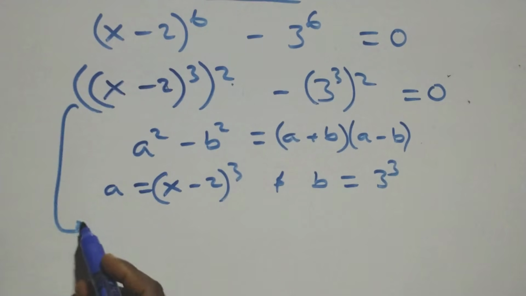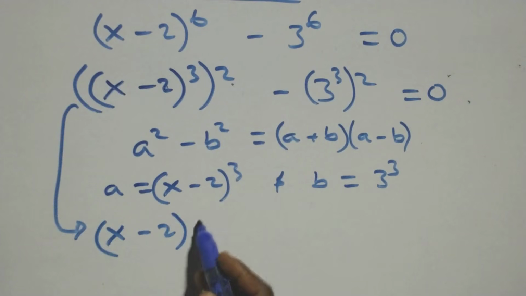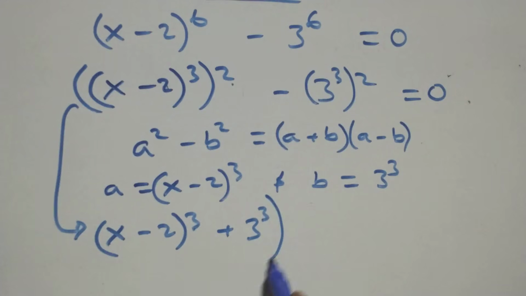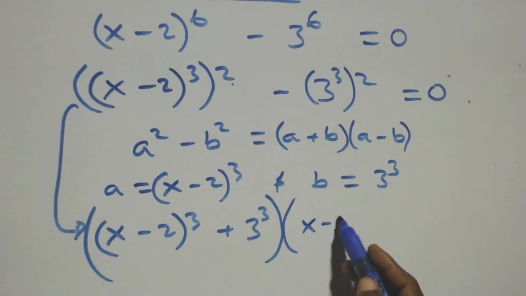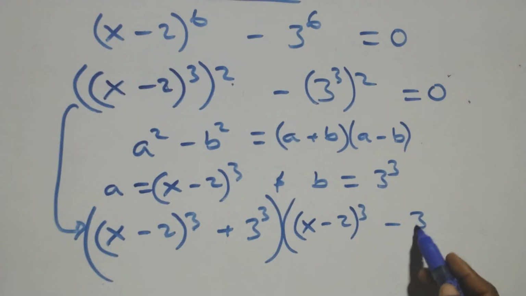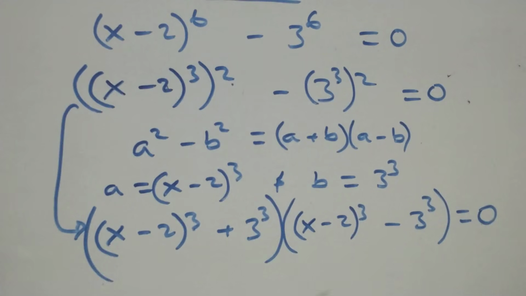Then what we have here becomes ((x minus 2) all raised to power 3 plus 3 raised to power 3) into ((x minus 2) all raised to power 3 minus 3 raised to power 3) equals 0.